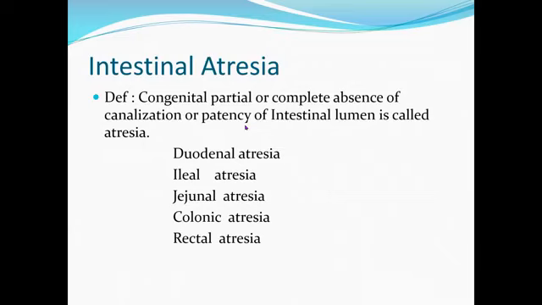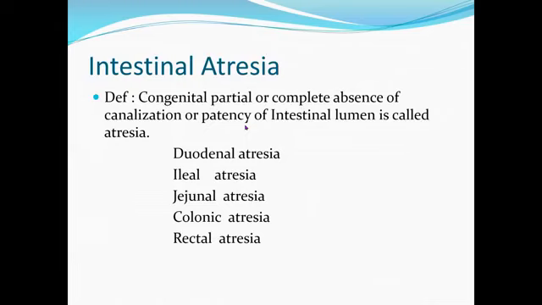The patient may complain of vomiting and abdominal distension, chiefly upper abdominal distension. The stomach and duodenum will be distended, and there will be squeezed and narrowed intestine distal to the atretic segment.